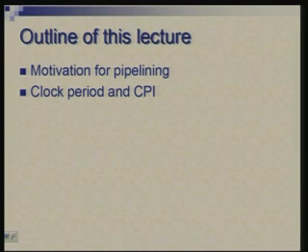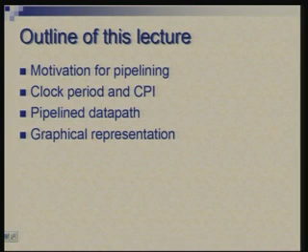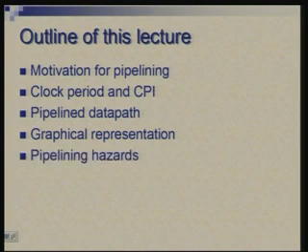First of all, we will discuss why we want to do pipelining, why we want to go for this kind of design, and what its influence is on the clock period and CPI, or cycles per instruction. We will then briefly look at the data path design for this approach, and how we represent it graphically for the purpose of analyzing the operation. Then finally, we look at the problems which we face while trying to do so.